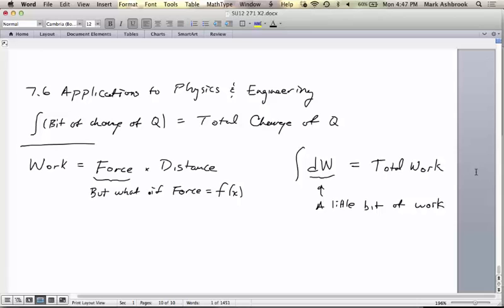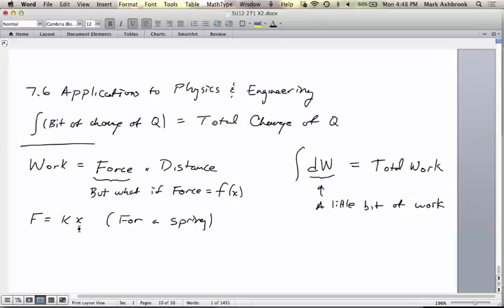Okay, so now some force formulas. Force is Kx, and this is for a spring. In this force formula, this is the force needed to hold a spring at a displacement of x.